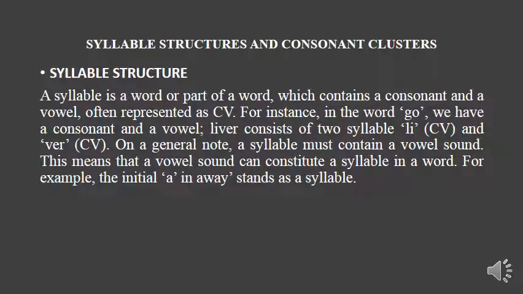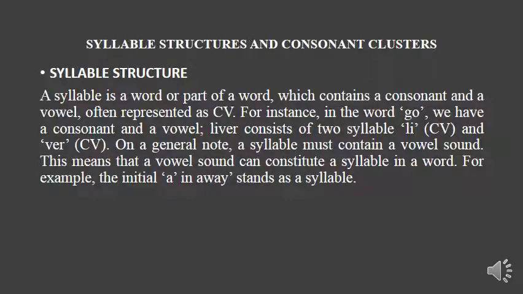In this slide, we are going to look at syllable structure and consonant clusters. What is a syllable structure? A syllable is a word or part of a word which contains a consonant and a vowel, often represented as CV. That is, the C stands for consonant and the V stands for a vowel.